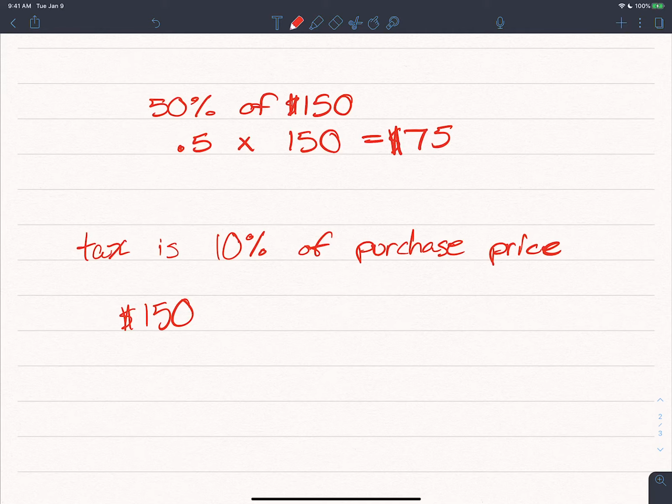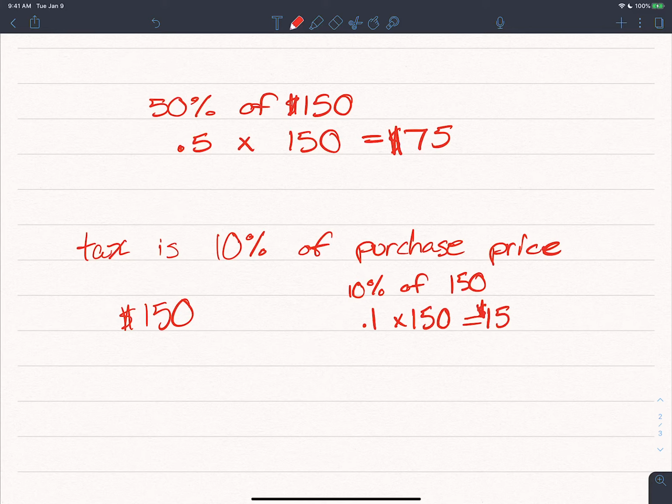If we just do 10% of 150, we get 0.1 times 150, which equals $15. But we're not paying $15 for the bag. That's just telling us how much we're going to pay in tax. We want to know the total, though.